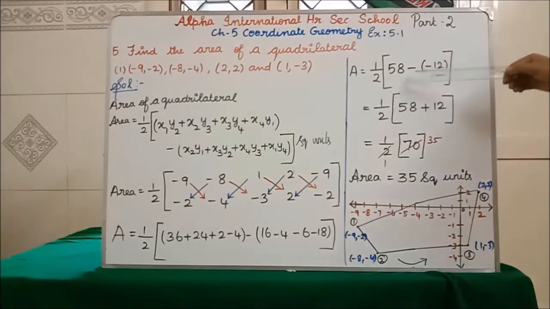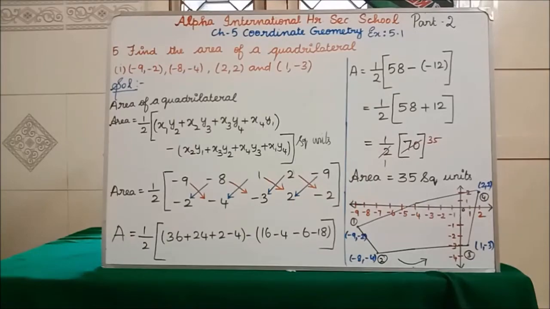In this, minus minus will become plus, so you will get plus 12. 58 plus 12 is 70. So if you cancel 2, you will get 35 square units. Now the area of the quadrilateral is 35 square units. In this fifth question, we have another subdivision that we are going to do as homework.